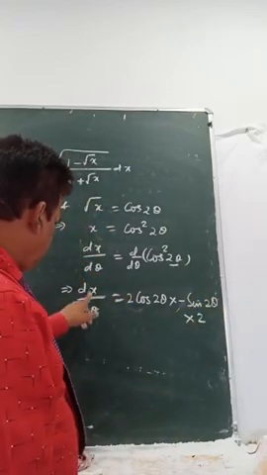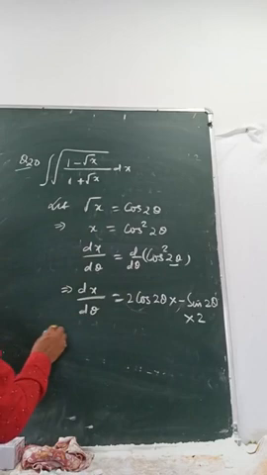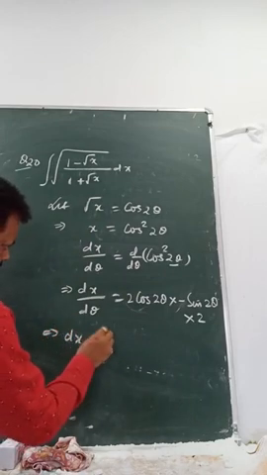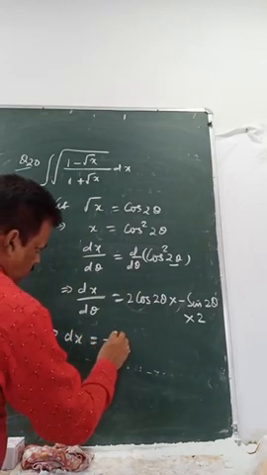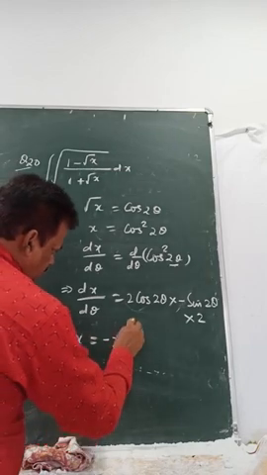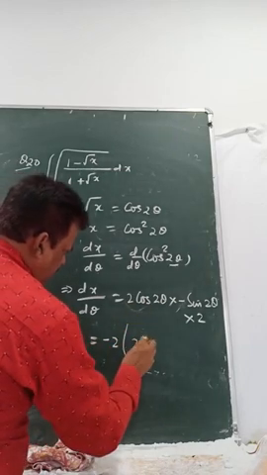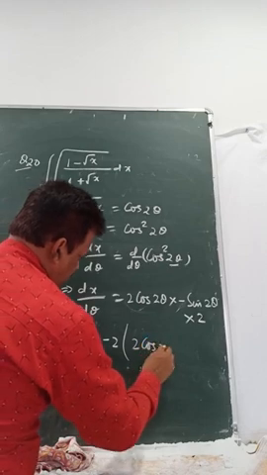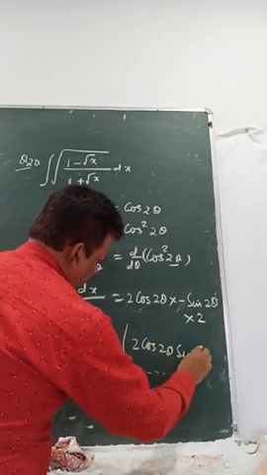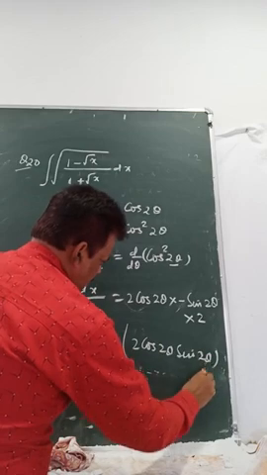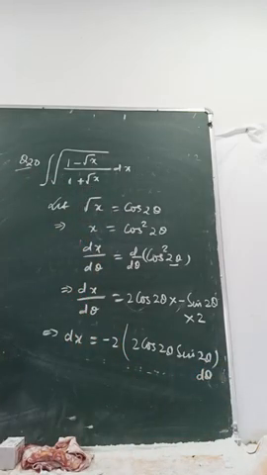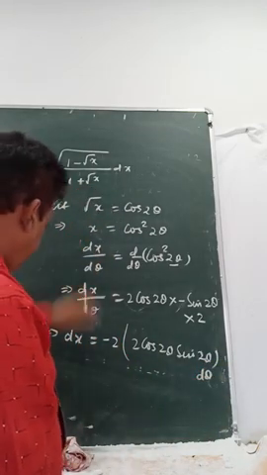Okay, let's bring it. So you are getting dx equals minus 2 cos 2 theta sin 2 theta d theta. Let's keep this like this. Okay, let's proceed here.